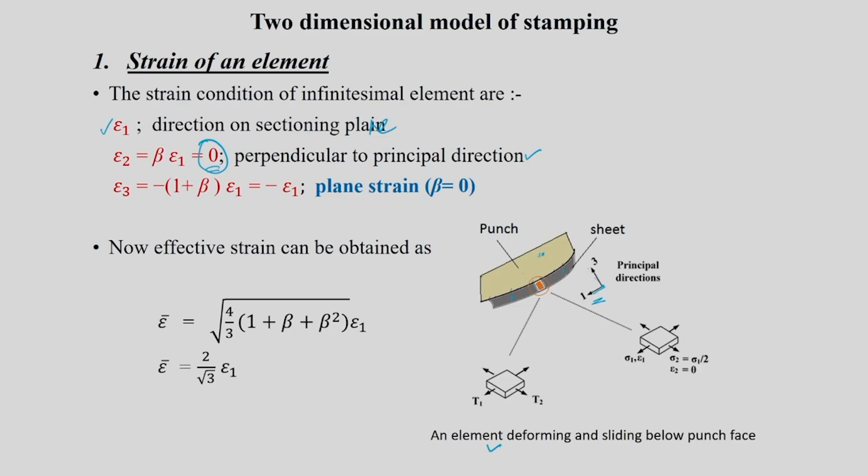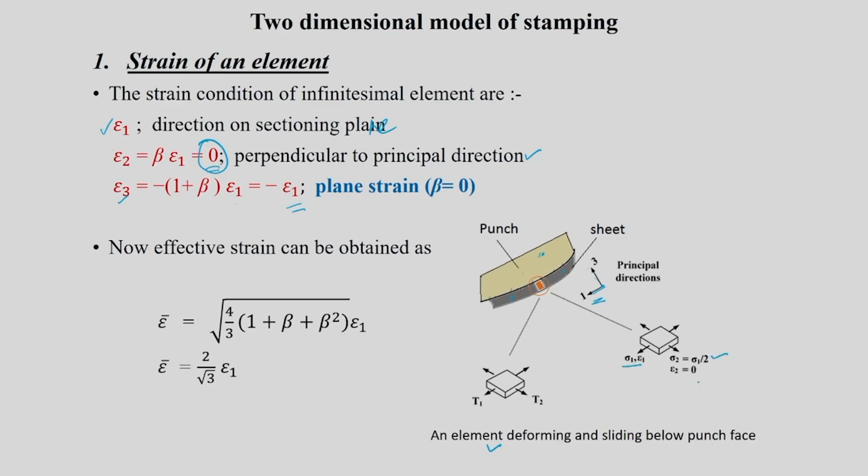And epsilon 3, this we already derived: minus of 1 plus beta into epsilon 1, and since beta is 0 here, you can put minus epsilon 1. We already have the assumption sigma 3 as 0. So that is what is noted down here. You will see that sigma 1, epsilon 1 will exist, sigma 2 will be sigma 1 by 2.